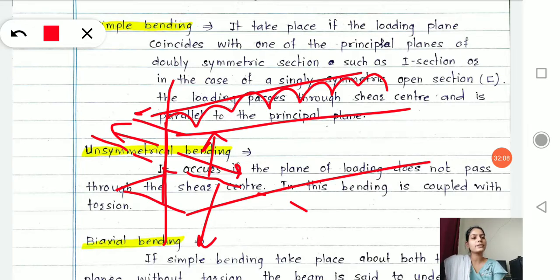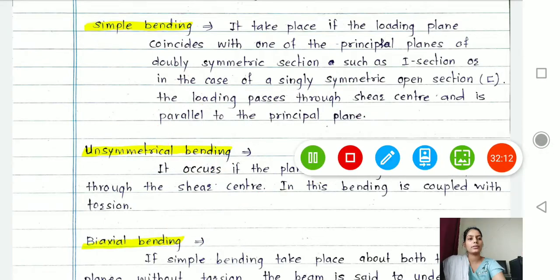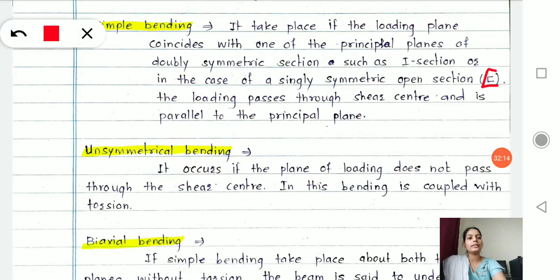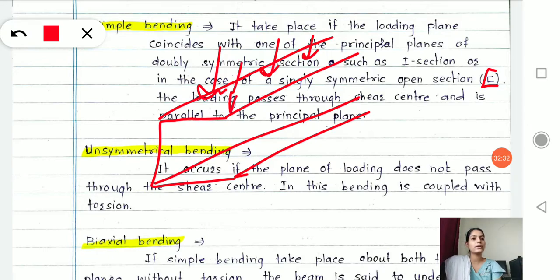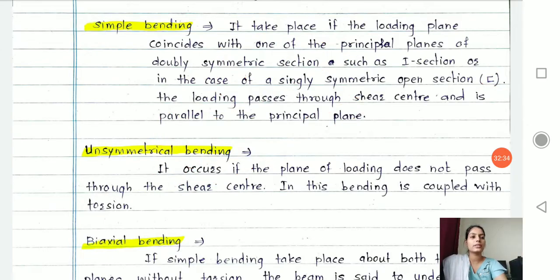What if my section is open, like a C section? If I take a channel section and you want simple bending, whatever loading you have applied on this section needs to coincide with the shear center.